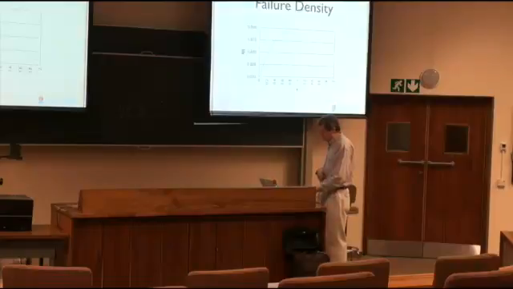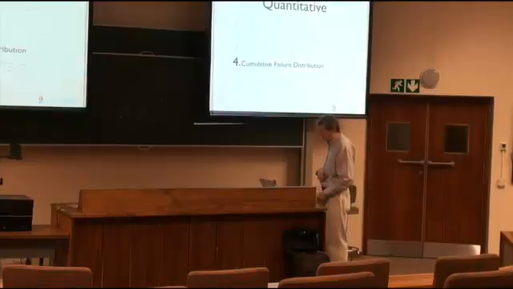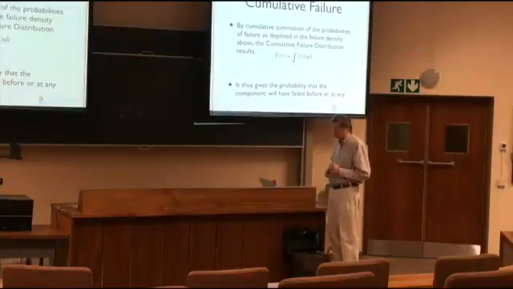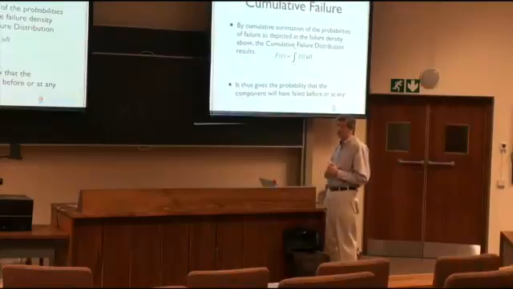The second of that class of quantities is the cumulative failure distribution. We say that by cumulative summation of the probabilities of failure as depicted in the failure density above, the cumulative failure distribution results.